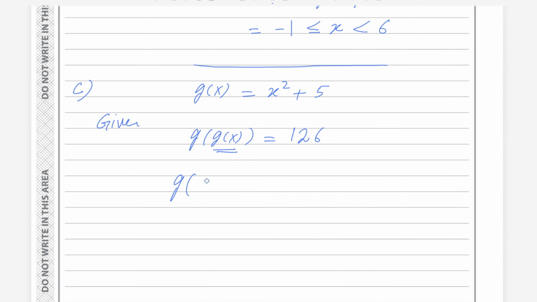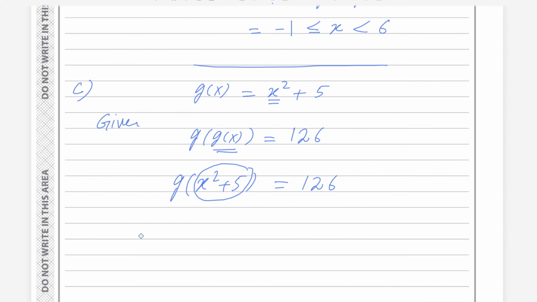We get the result as g of x squared plus 5 equals 126. Here I replace the value of f of x inside the bracket. Now you want to find g of x squared plus 5. Because this function is related to g, you will replace x with this value in this function.